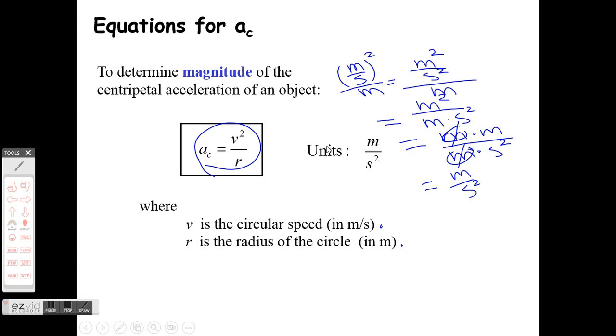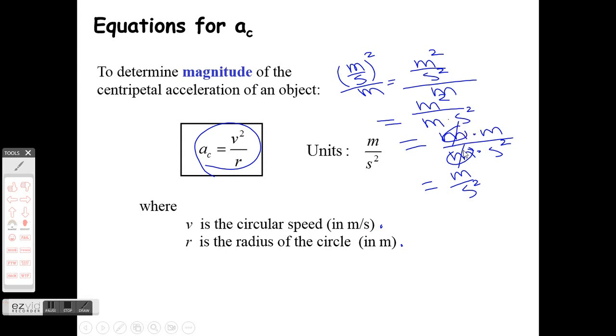So meters per second and meters. Look here, this is sort of how we get to our units of meters per second squared, right? We have meters squared per second squared divided by meters, which works out to meters squared times meters divided by meters seconds squared. One of the meters cancels out. We're left with meters per second squared.